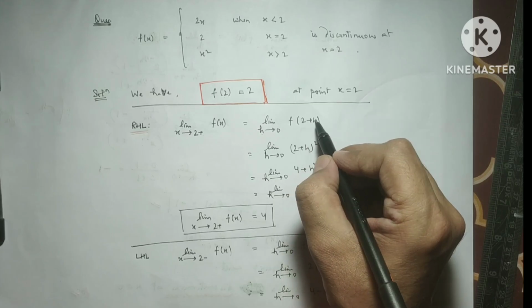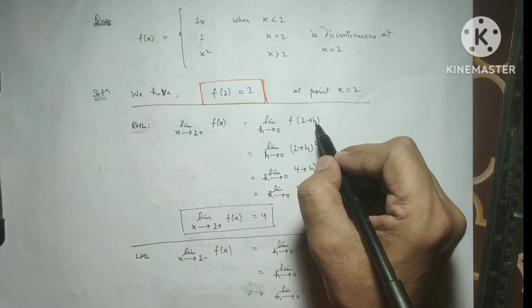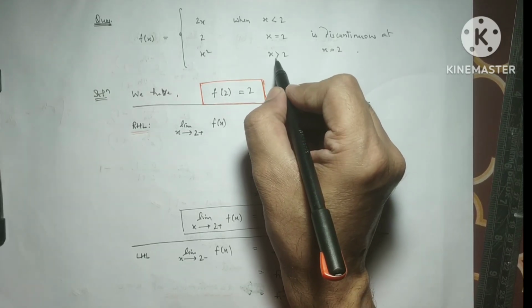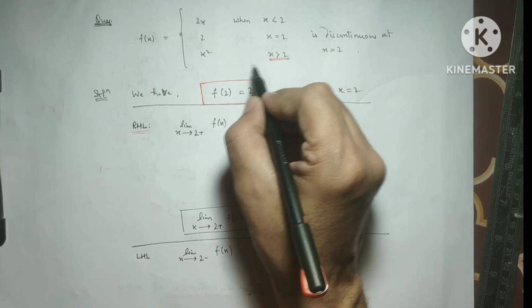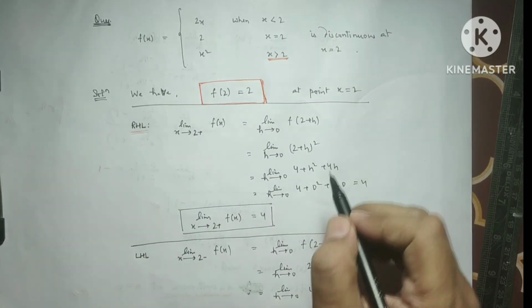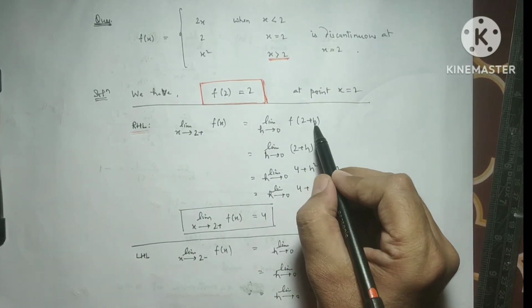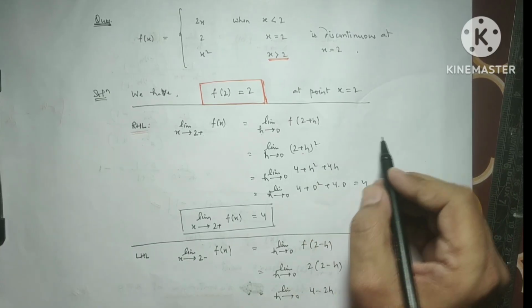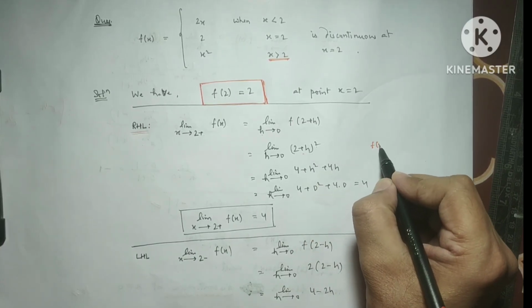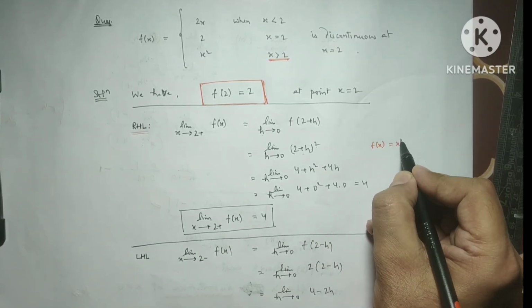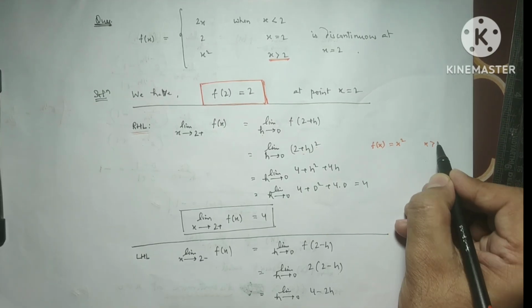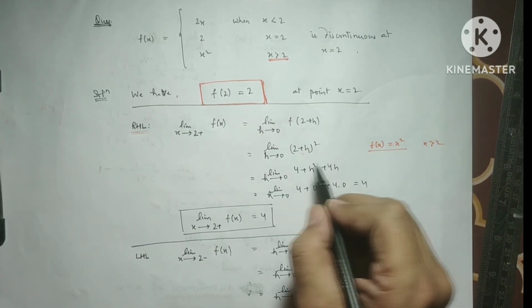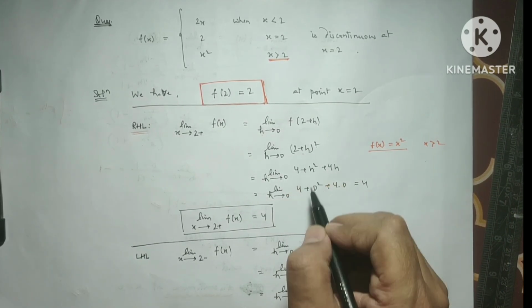So when the value is greater than 2, the definition of the function is x square. So we put (2 plus h) square, because right now the function gives the definition x square for x greater than 2. That's why we are using this definition.